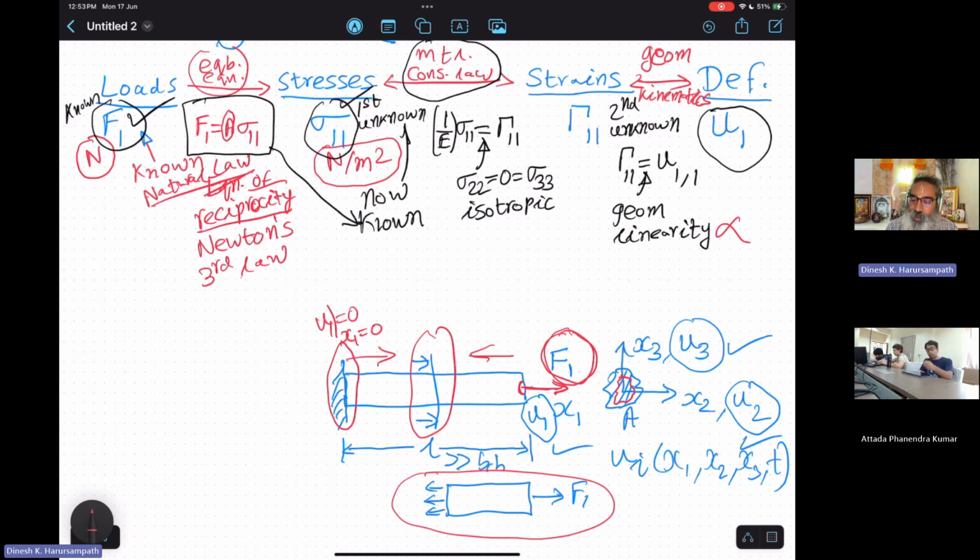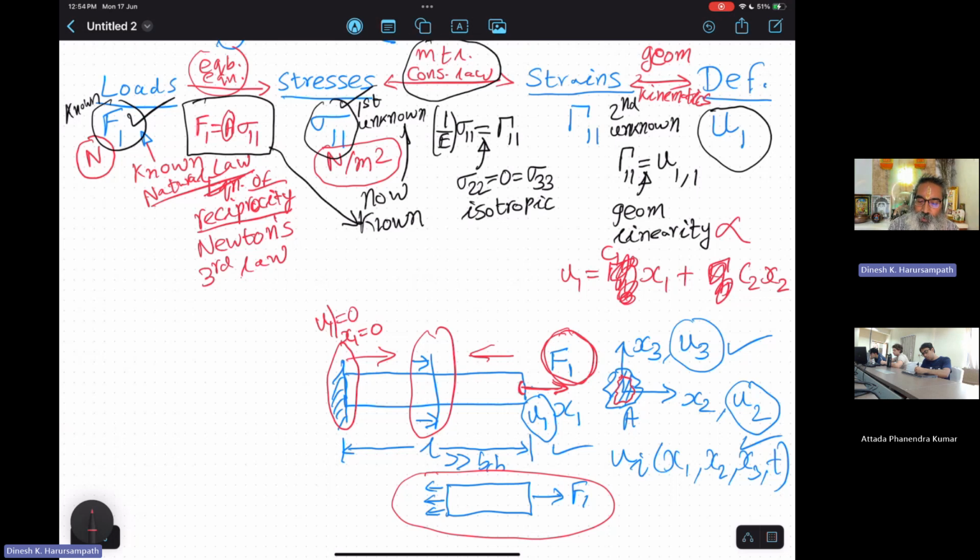Because U1, if you integrate for a constant gamma 1, you will just get that gamma 1 naught times x1 plus, let me just call it C1 x1 plus C2 x2, which is what you will have when you integrate that for a constant.